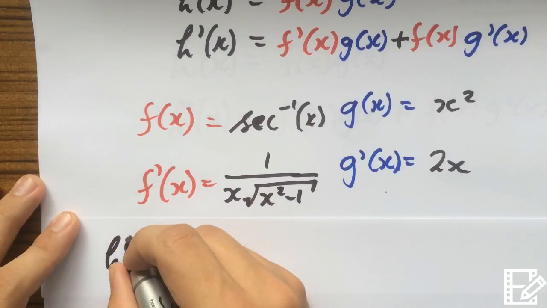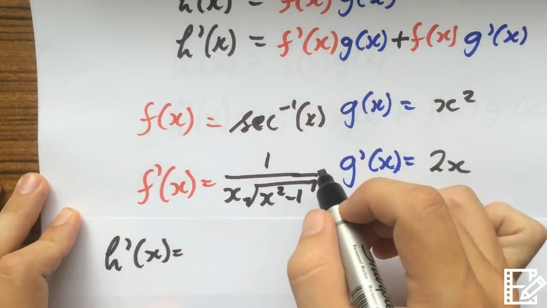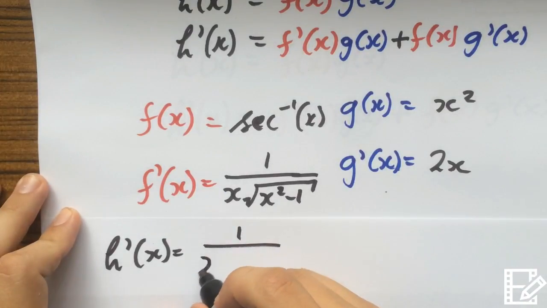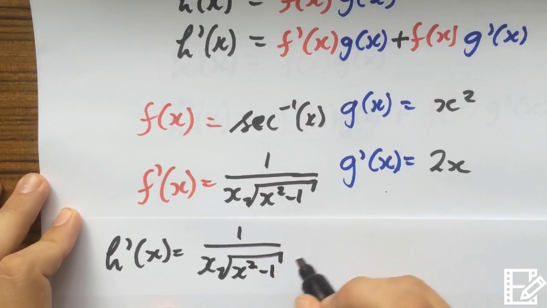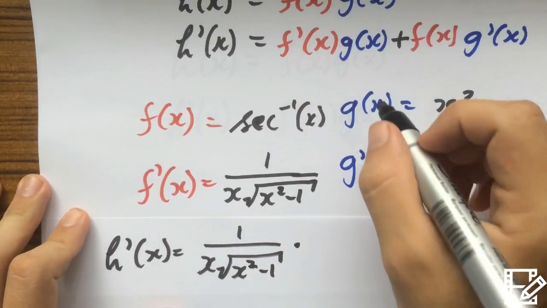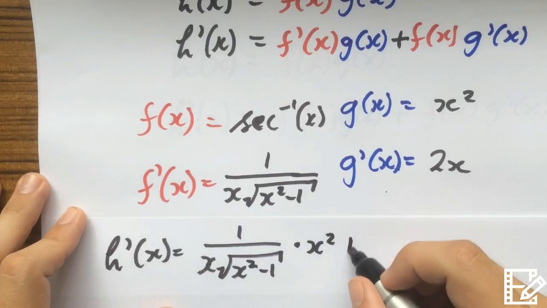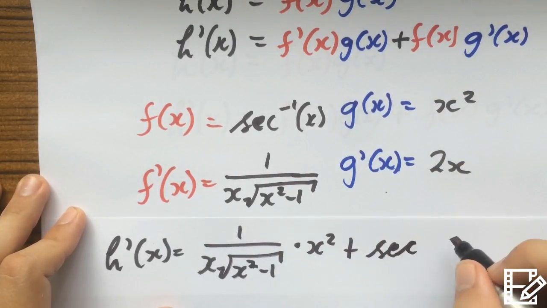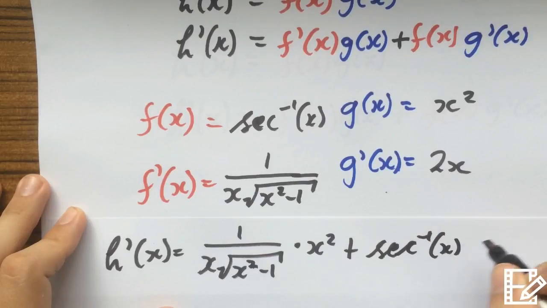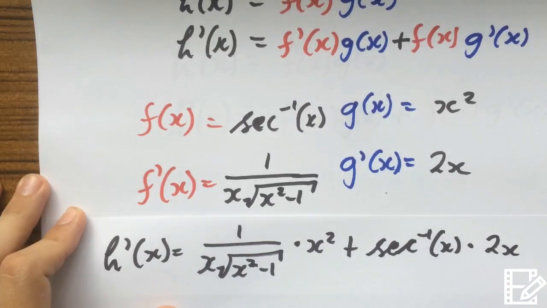We have h dash of x equals the derivative of f(x), 1 over x square root of x squared minus 1, multiplied by g(x), which is x squared, plus f(x), inverse secant of x, multiplied by the derivative of g(x), which is 2x.